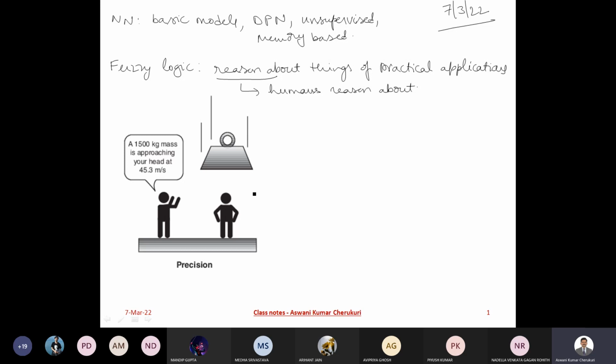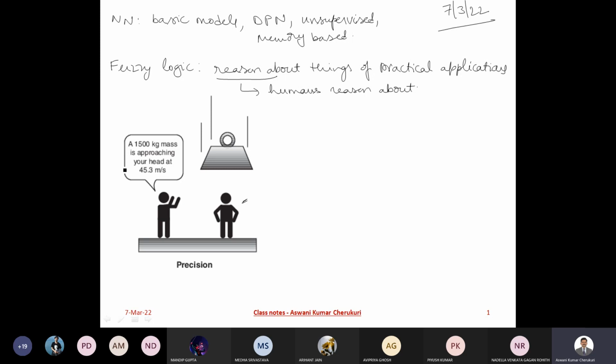There is an individual who is standing, and on top of him there is an object which is falling on his head, and there is another individual standing there. This guy is not noticing that weight which is falling on his head, but the other person is giving an alert. What is that alert he is giving? He is mentioning that a 1500 kg mass is approaching your head at 45.3 meters per second.